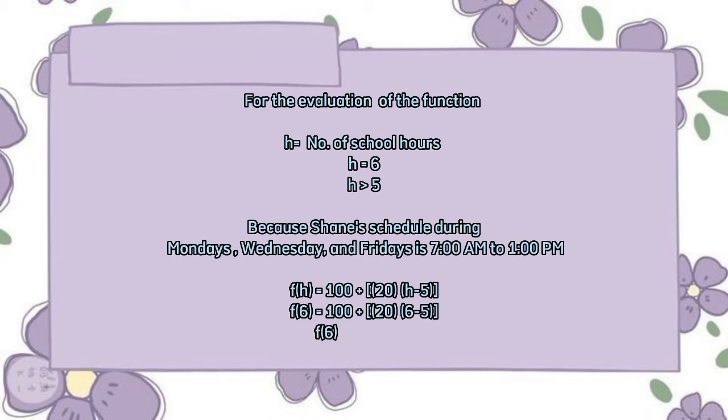The function of 6 is equal to 100 plus the product of 20 times 6 minus 5. The function of 6 will now be equal to 100 plus 20 pesos. And our final answer for letter B, the function of 6, is equal to 120 pesos.